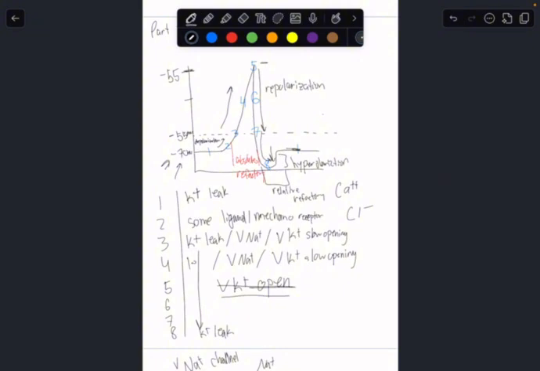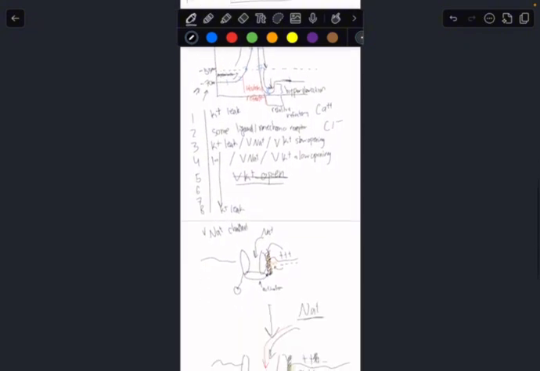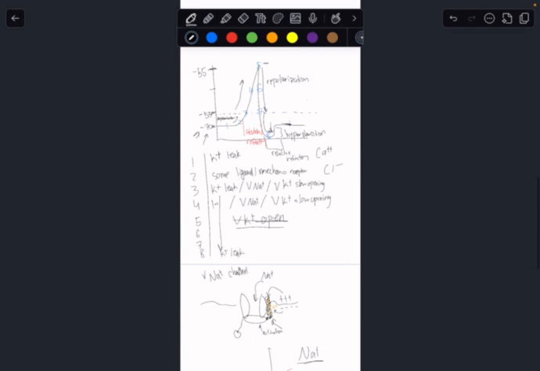Since it's more negative, you could have a larger stimulus, and you would just need a lot stronger of a stimulus to make these things open, because it would require more effort to go from the 8, which is a lot more negative, to get to the threshold at negative 55 than it would at normal resting membrane potential.